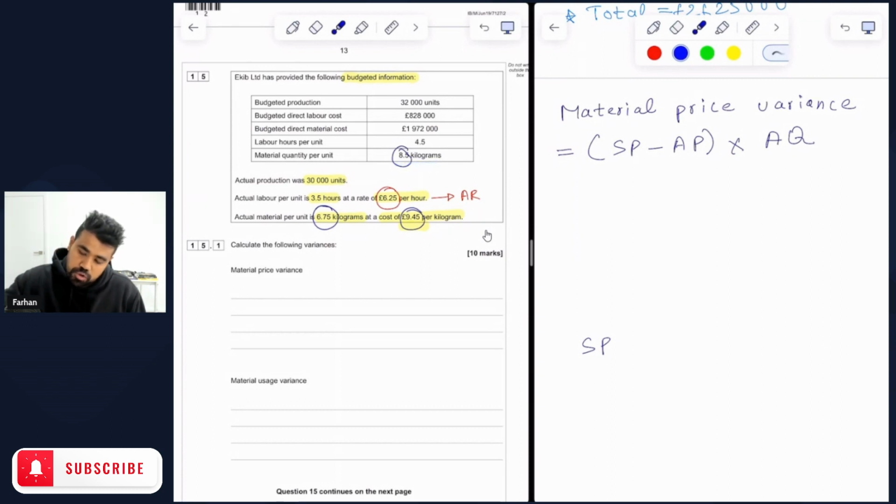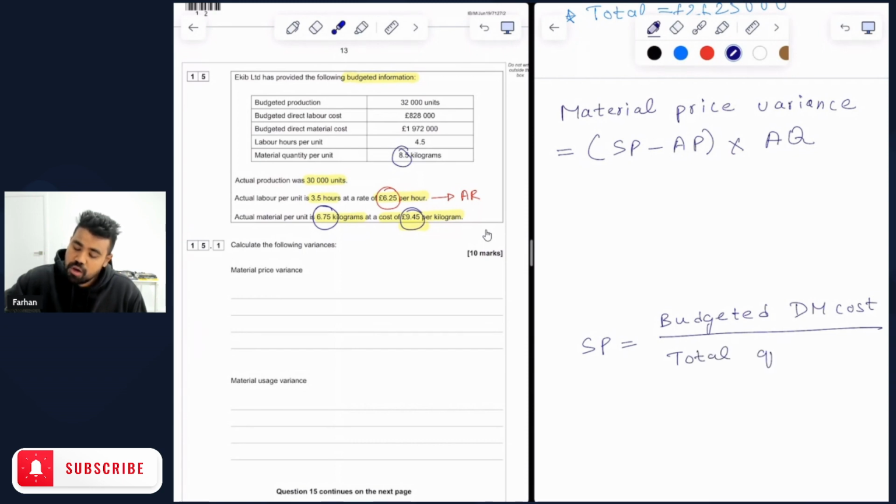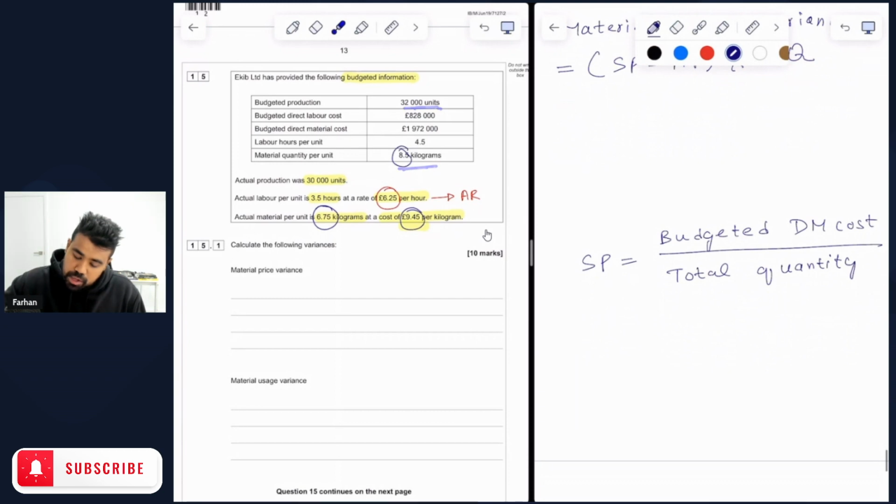So if you want to find the standard price, you have to take the budgeted direct material cost and then divide with the total quantity. So the total quantity of raw materials here referred to 8.5 kilograms per unit multiplied by 32,000 units that we were supposed to produce. So let's do this calculation first.